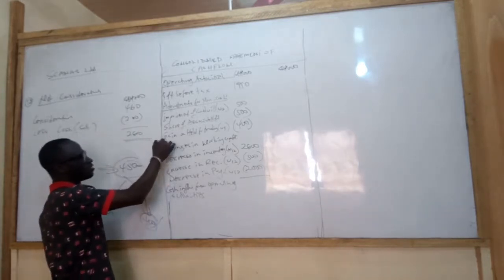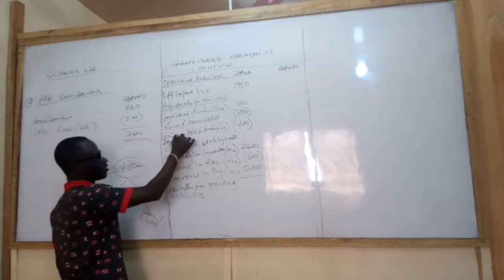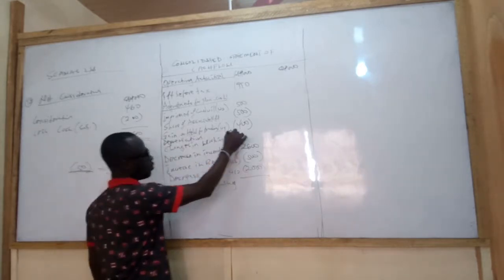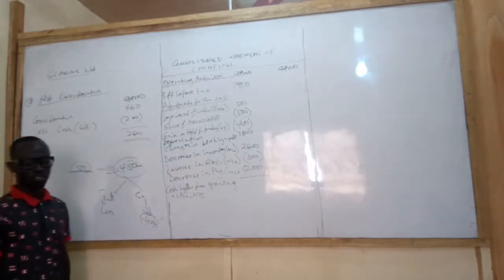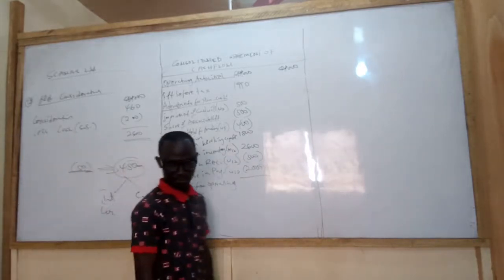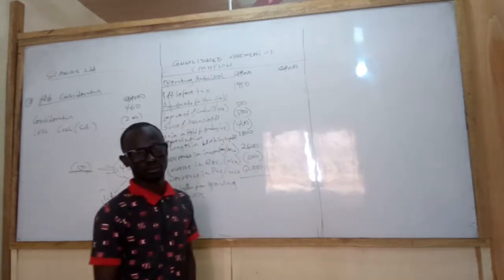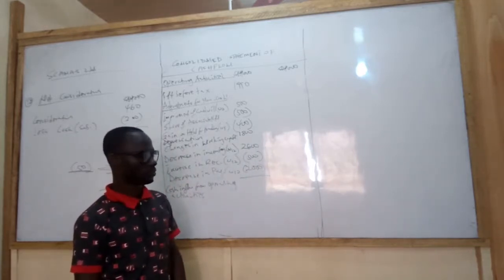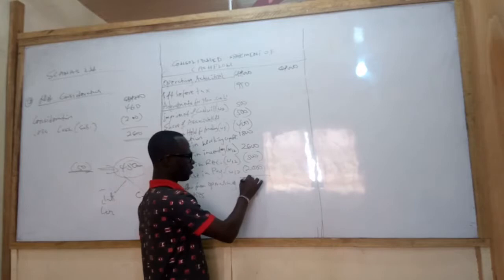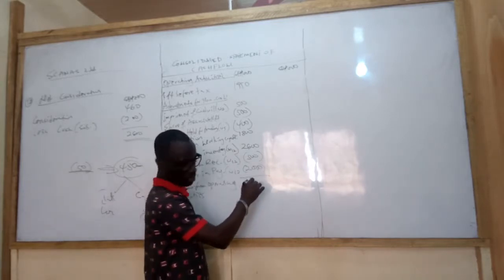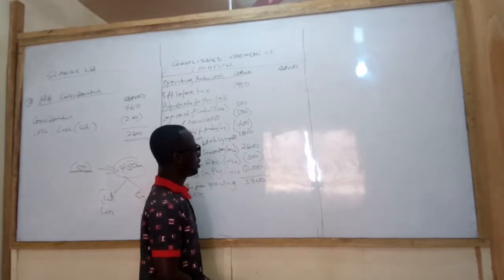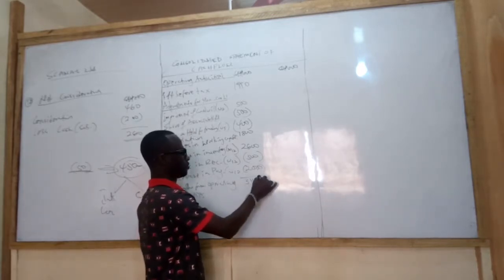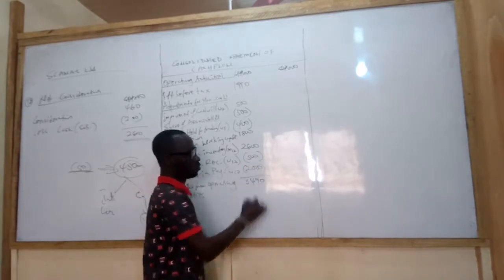Depreciation, Owen. 1,800. So go for it. 3,490. I'm not supposed to have that. Someone should confirm for me. 90. Still not correct. I'm not supposed to have that. Someone should confirm for me.